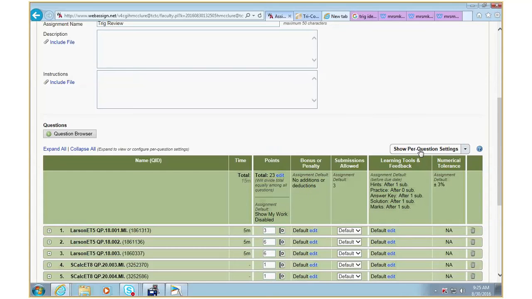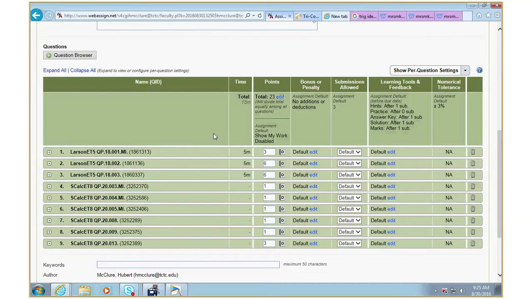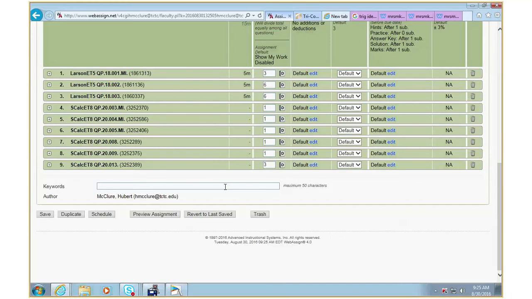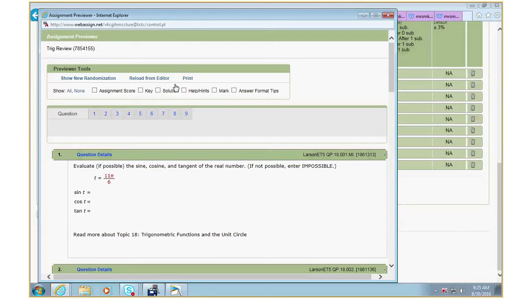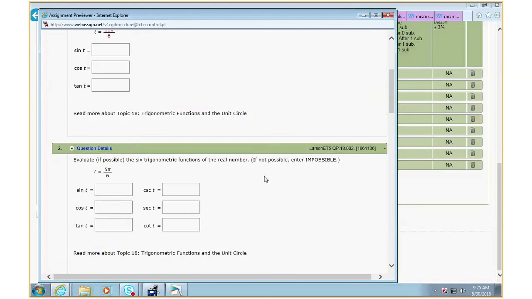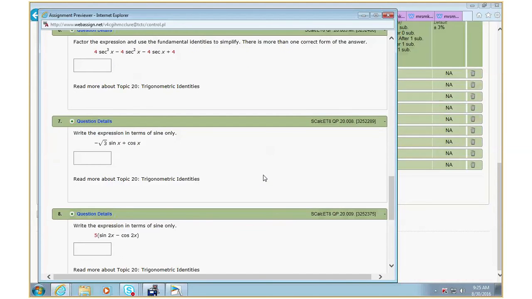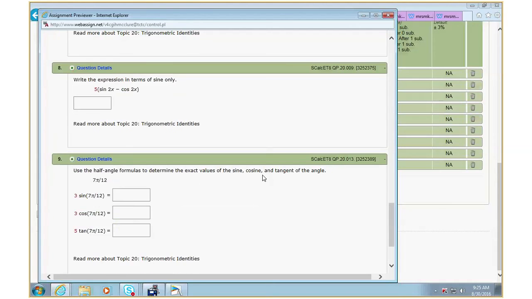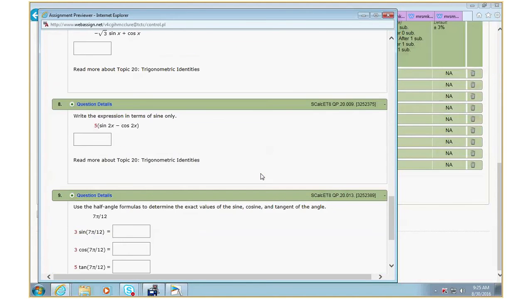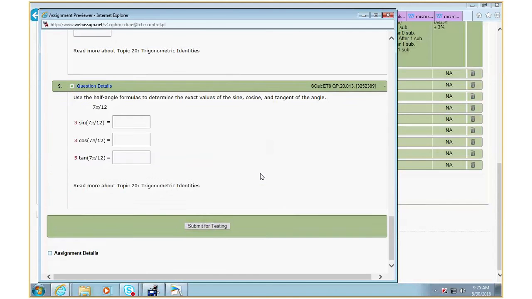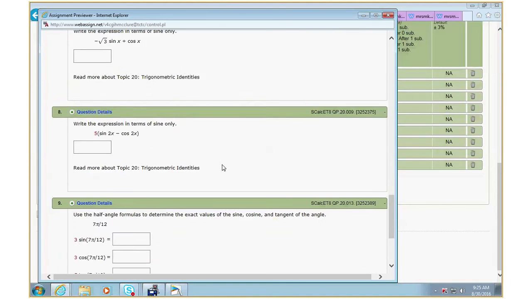There's not a prove in there. I'm looking.